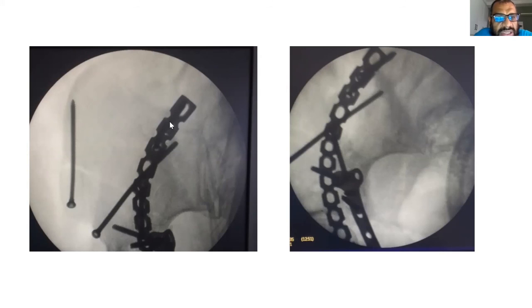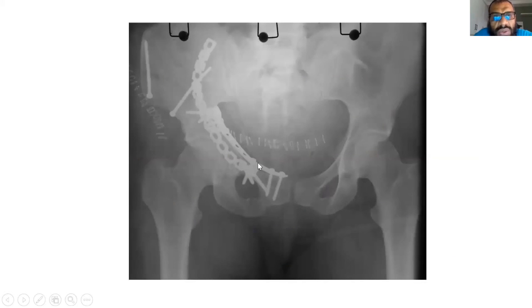And then this is the buttress plate of the anterior column. And we have an infrapectineal plate for the medial side of the posterior column. So every device is performing its function in the sequence of reduction.